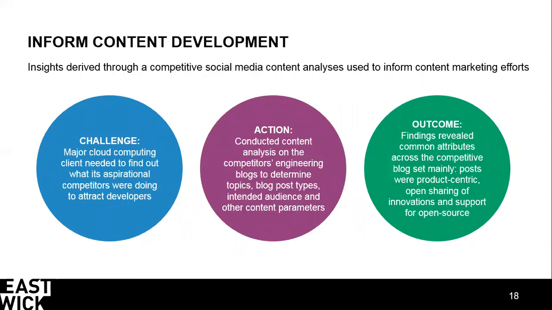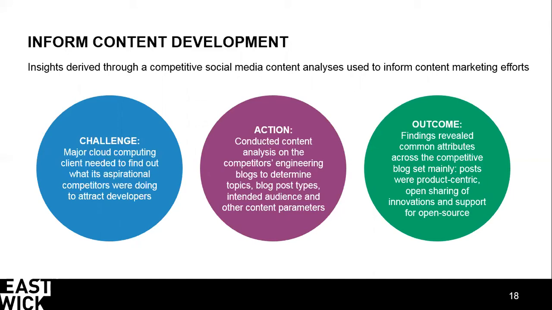Next one, we look at how social intelligence was leveraged to shape content. For this scenario, the challenge was, for a major cloud computing client, they needed to find out what its aspirational competitors were doing to attract developers and engineers. The action was, we at Eastwick conducted content analysis on the competitors' engineering blogs to determine topics, blog post types, intended audience, and other content parameters.